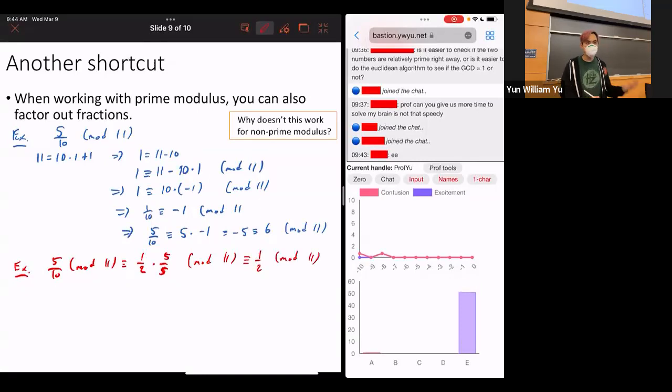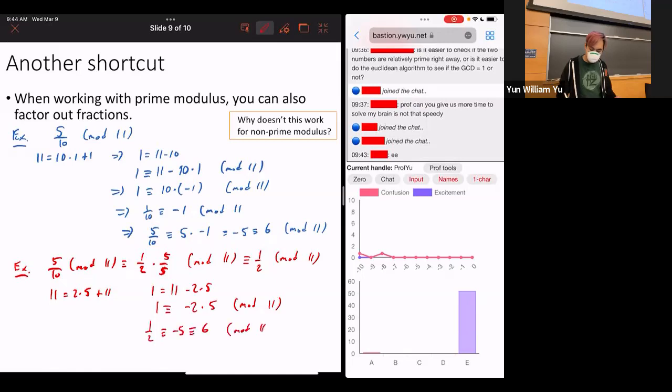Because 5 divided by 5 is equal to 1. And so then you can solve that instead. So 11 is equal to 2 times 5 plus 1. 1 is equal to 11 minus 2 times 5. So 1 is congruent to minus 2 times 5 mod 11. And so therefore 1/2 is congruent to minus 5, which is congruent to 6 mod 11.